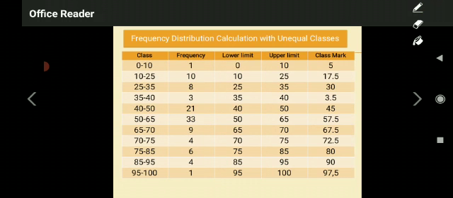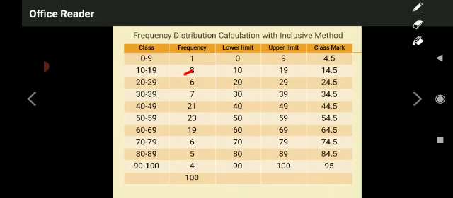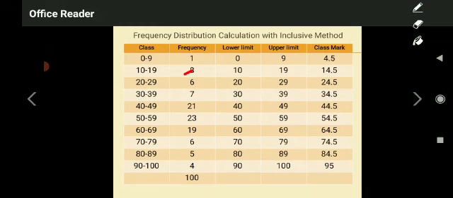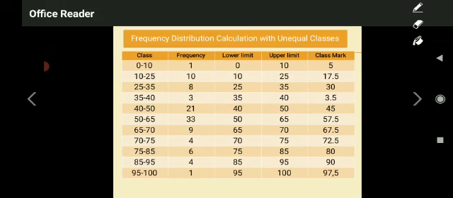Here, in the inclusive method, 0 to 9 only one observation was there, and in unequal also it is 1. Look at this.